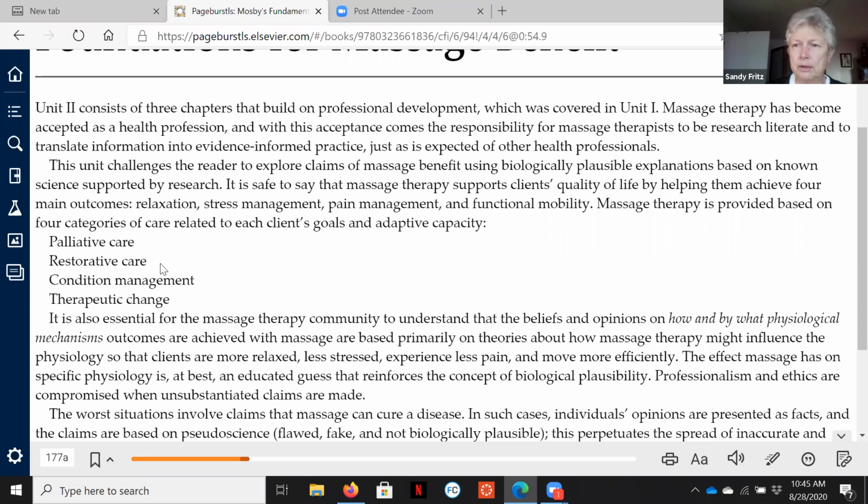So that's restorative. Condition management means that there is some sort of issue, some sort of condition going on with a person that is always going to influence adaptive capacity. So typically we think of this as maybe a chronic illness, an autoimmune condition, a chronic pain as opposed to acute pain.